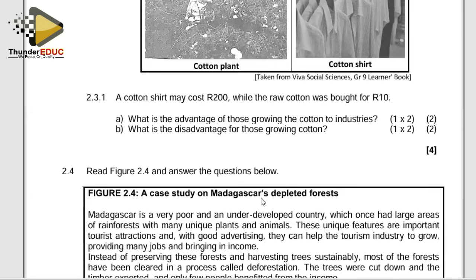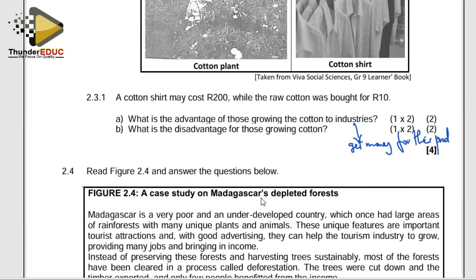Right. A simple advantage, though it's a minor advantage, it implies that if you're growing cotton, you get money for your product.